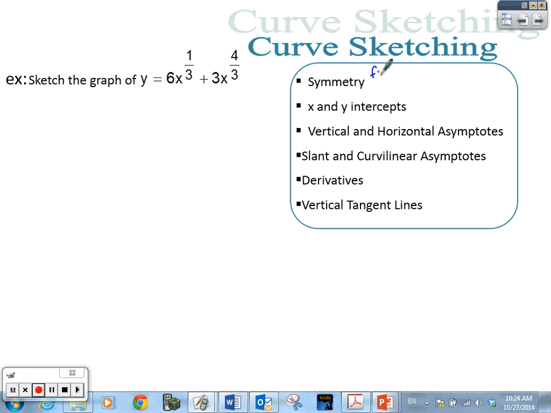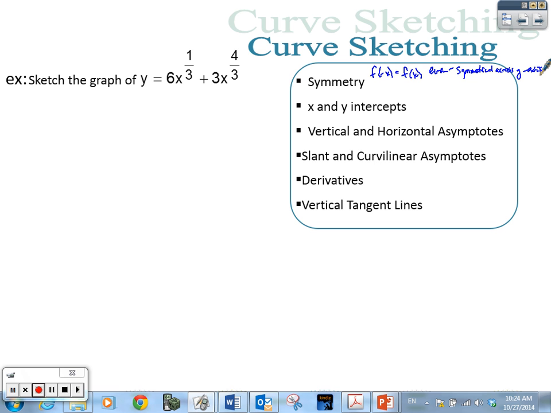If we substitute a negative x into our function and we get the regular function back, then that is called even. If you remember that, that's even symmetry, which means that it is symmetrical across the y-axis.